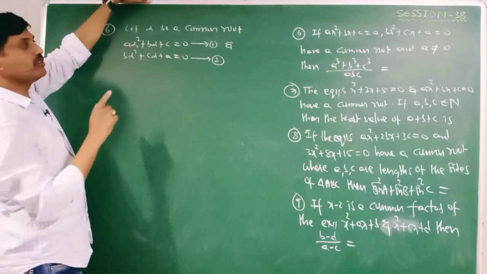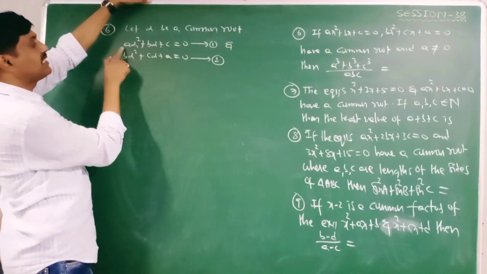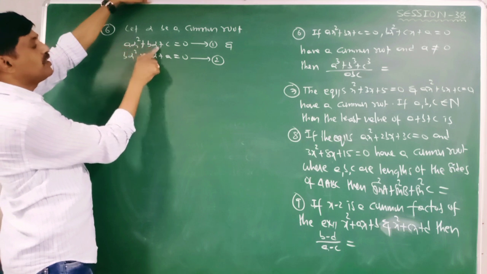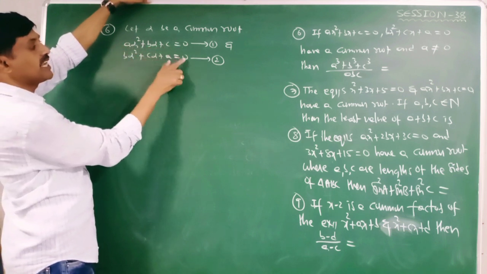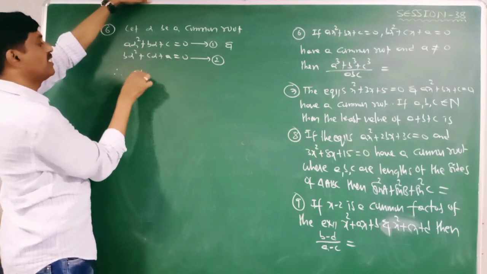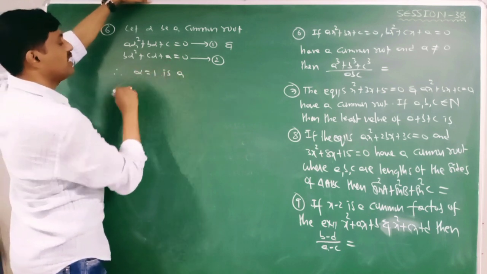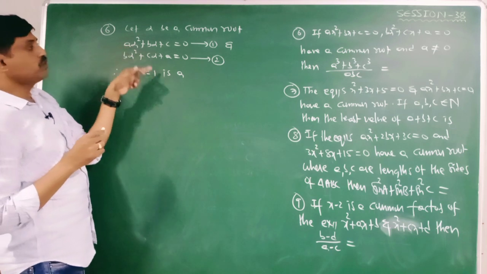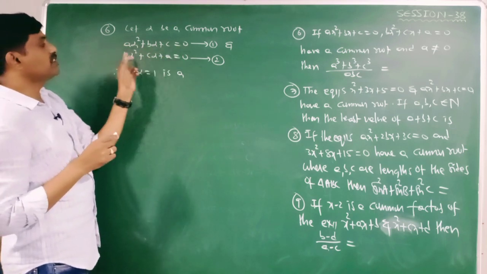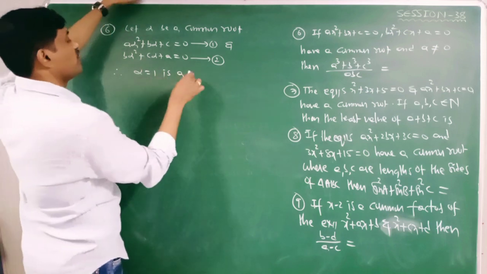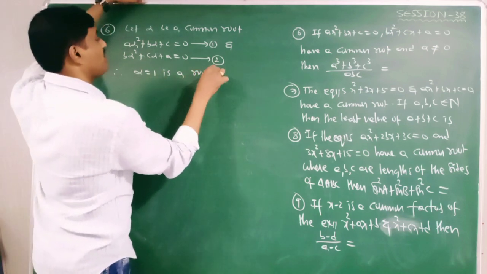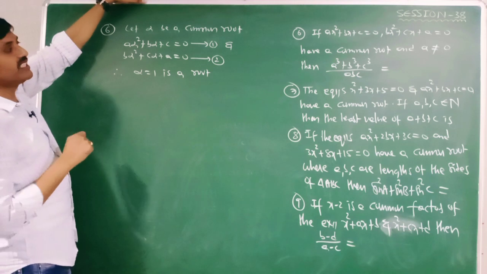You have to observe very carefully. Therefore it is very clear that alpha is equal to 1 is a root. If you substitute alpha equal to 1, a plus b plus c is equal to 0, b plus c plus a is equal to 0. Therefore alpha is equal to 1 is a root.